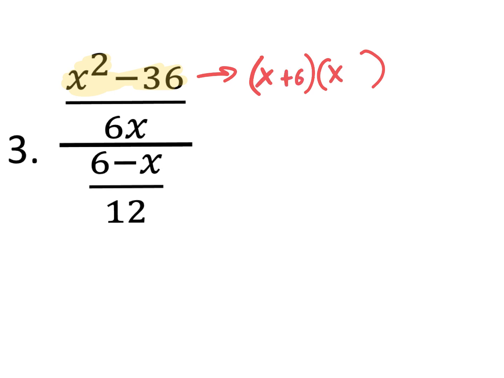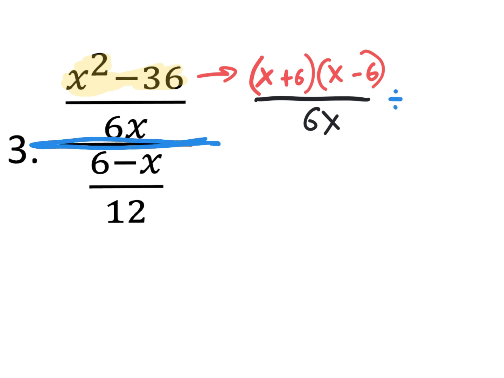A +6 and a -6, right? Okay, and that is over 6x. So all I did was rewrite this whole entire top fraction right here, but this difference of 2 squares, I factored it. And now I have this division bar, which I'm going to write as a division sign.